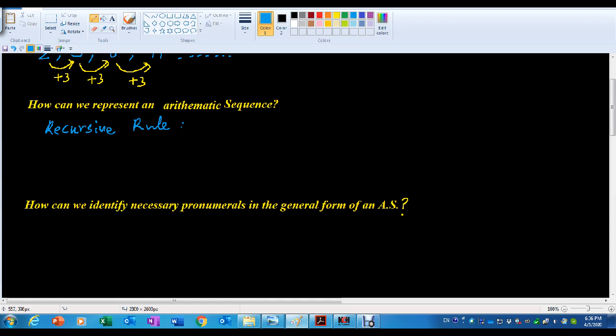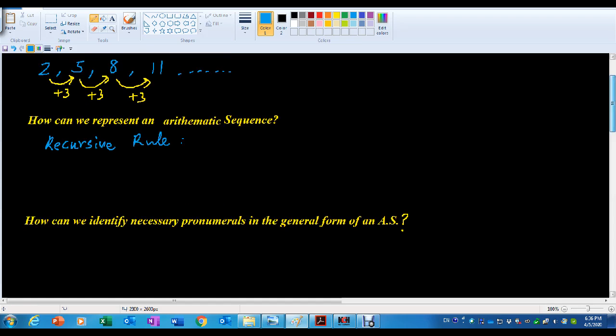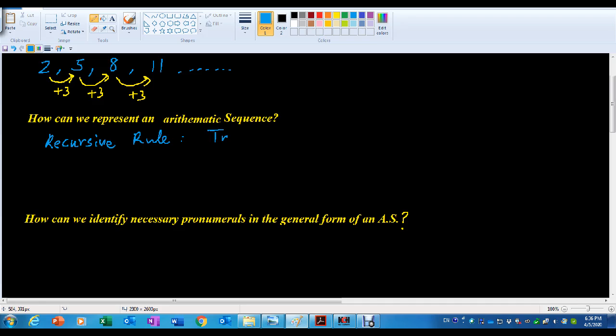For the recursive rule, you use this: Tn equals Tn minus 1 plus the common difference. Tn means the nth term, Tn minus 1 means its previous term, the (n minus 1)th term, and d is the common difference.